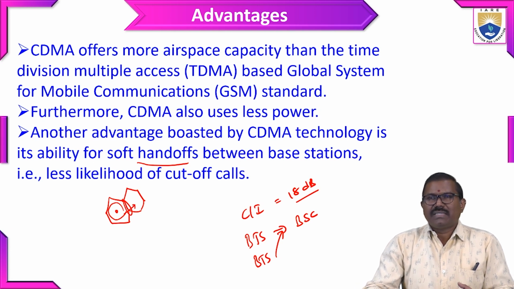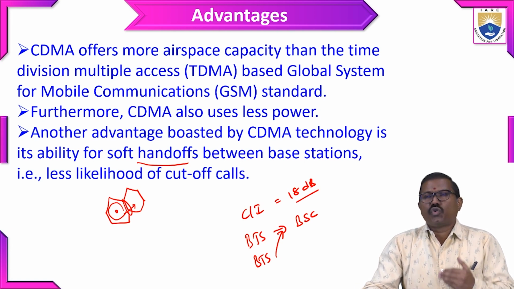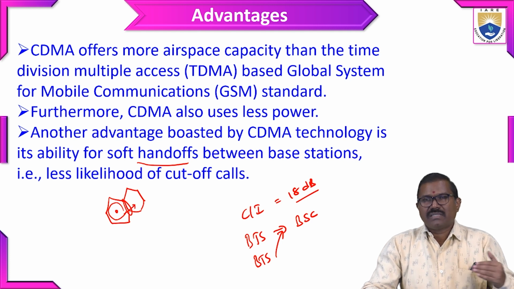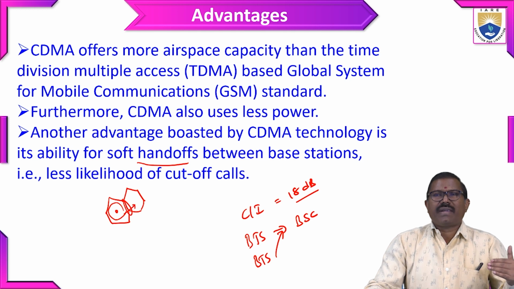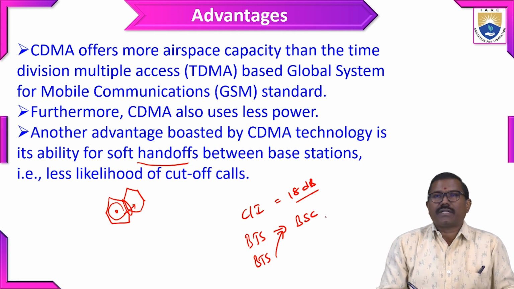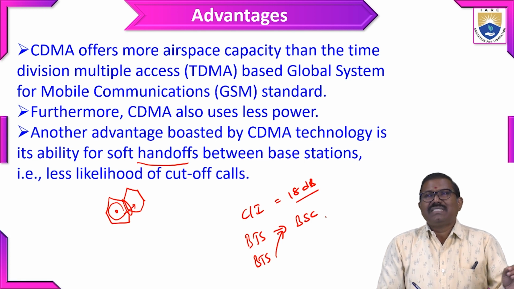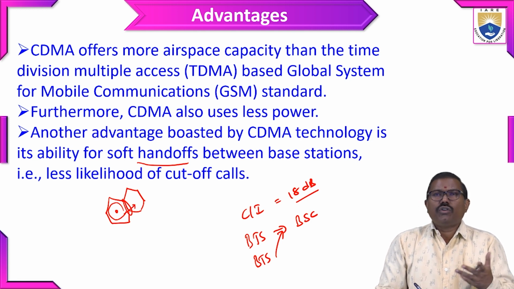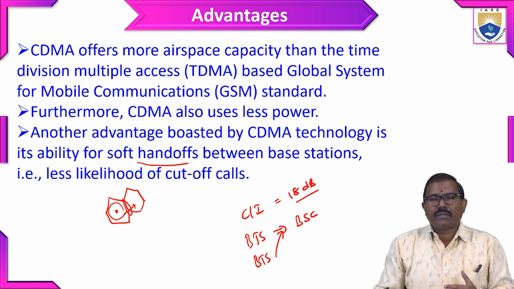That's why the BTS duty is to send a request to another BTS when a user is moving from my location to your location, so that we provide the signal. This is all controlled by the base station controller. So there is a soft handoff, which means we don't know such an operation is going on. We are moving from one tower to another tower, but we don't know.